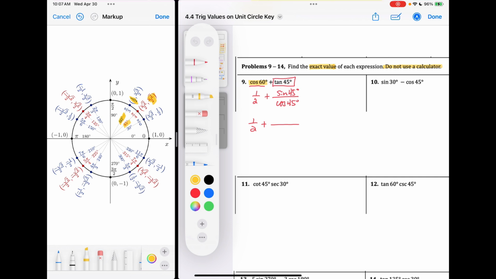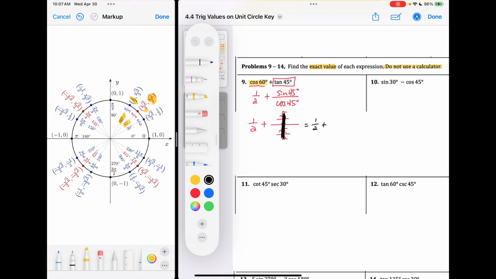Remember, sine is the second value, and what you see here is square root 2 over 2, and cosine is, again, square root 2 over 2. So when we do the housekeeping, you know that this is exactly just a big 1. So my final answer will be 1/2 plus 1.